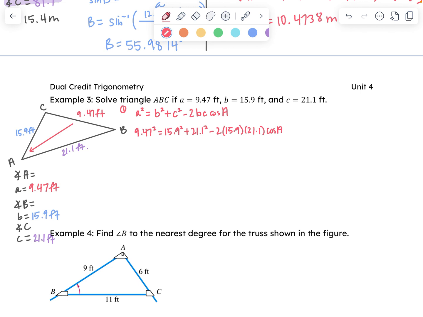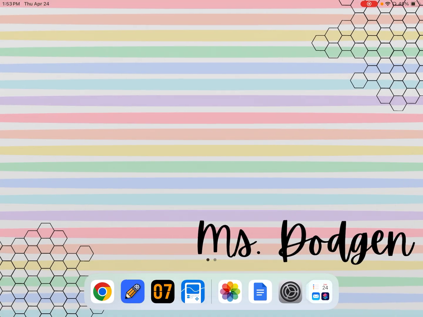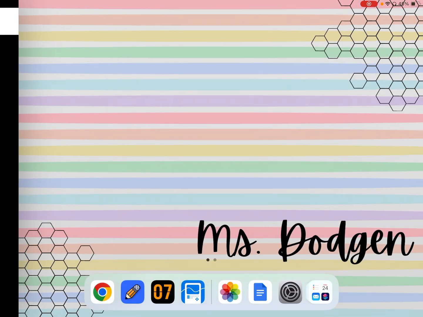Okay, I'm going to be lazy when I start to solve this, and when I'm plugging stuff into the calculator, I'm going to go ahead and move this over, the 15.9 squared and the 21.1 squared, and then plug that all in the calculator at one time. Let me get my calculator back up.